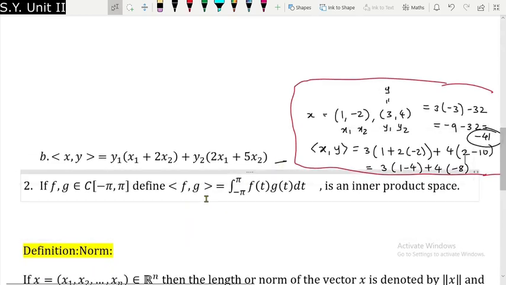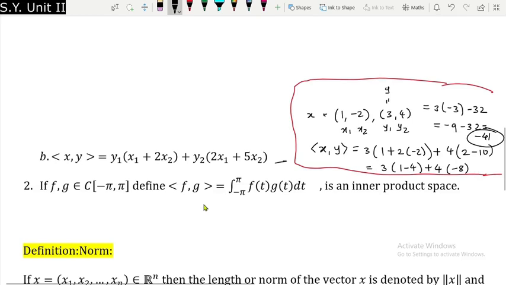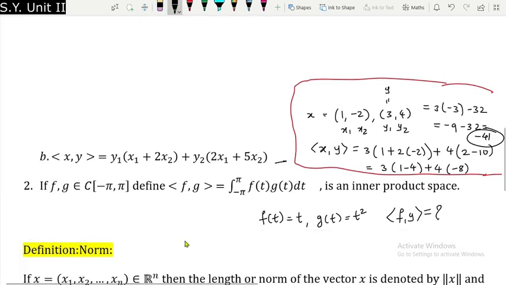The same can be done for the second example also, but the second example is interesting. You may be given the value of f(t) as t, g(t) as t square, and they will ask you to find the inner product of f with g equal to question mark. Then how are you supposed to do it? The idea is again the same.